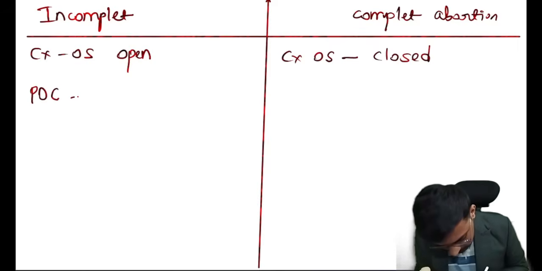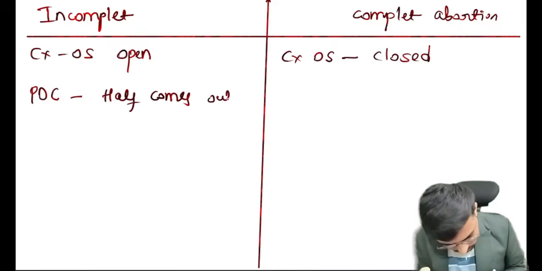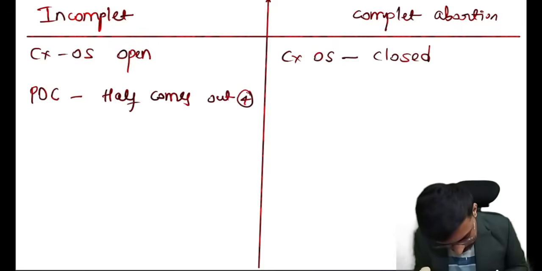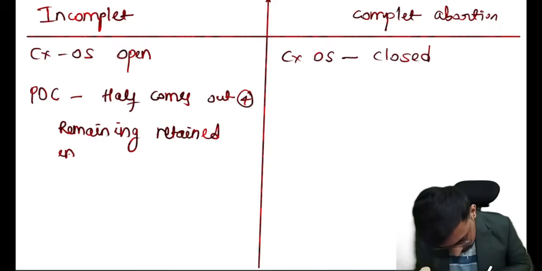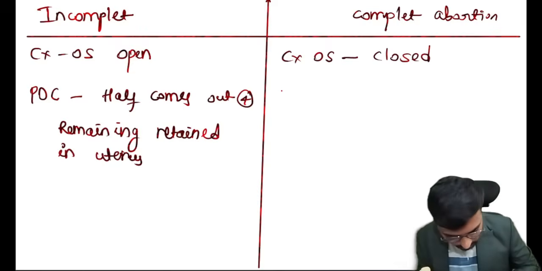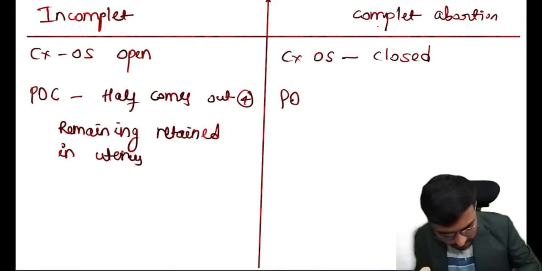In the incomplete abortion, the products of conception half come out and the remaining are retained inside the uterus. Okay, here in the complete abortion, we call this complete. Why?